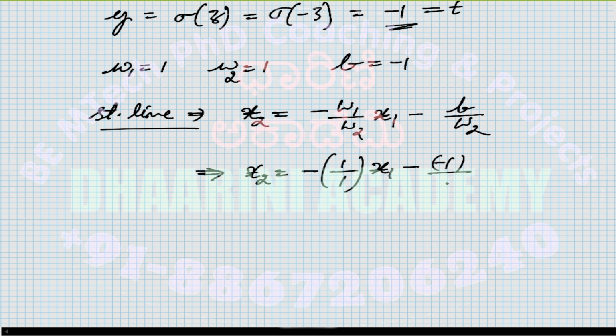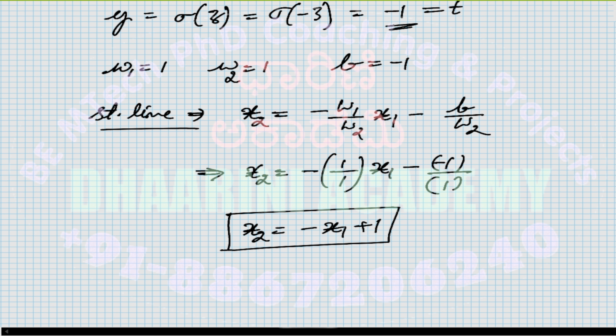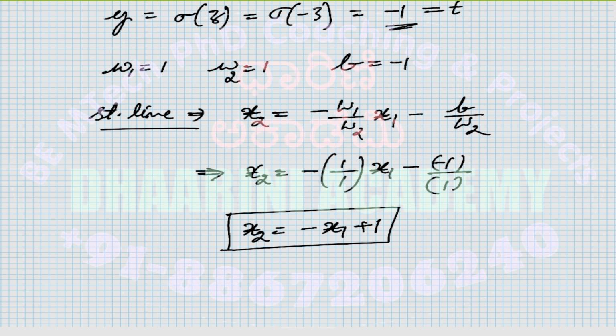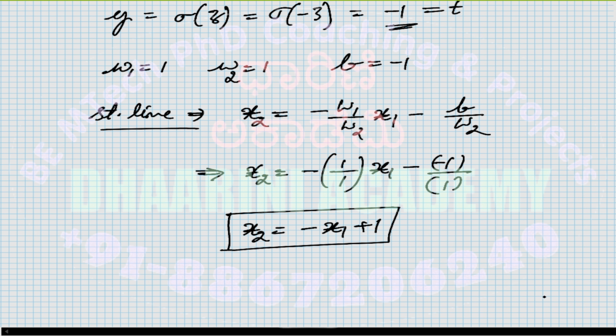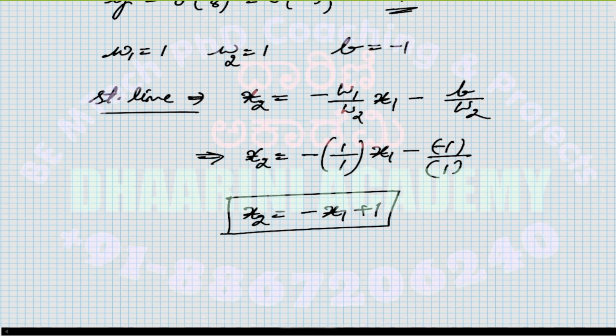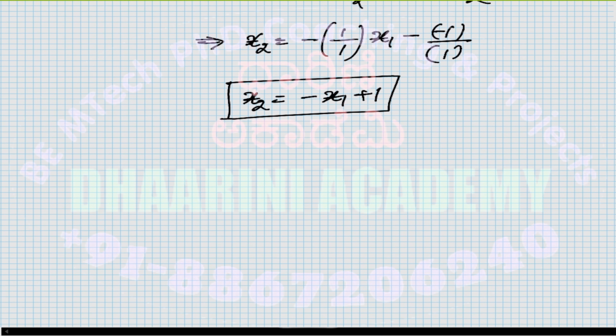So I can understand that x2 is equal to minus x1 plus 1. So when the first set of inputs is given, this is what the machine has learned.